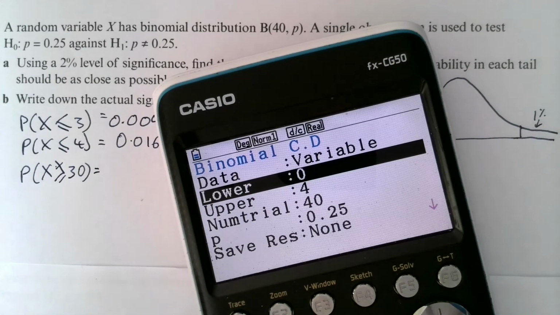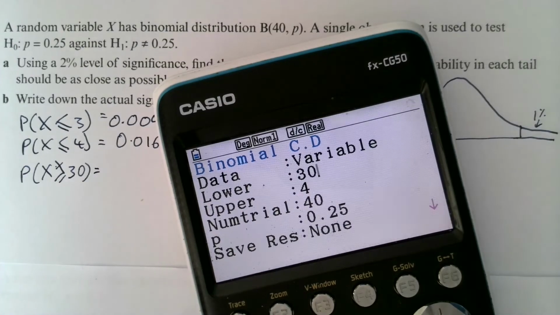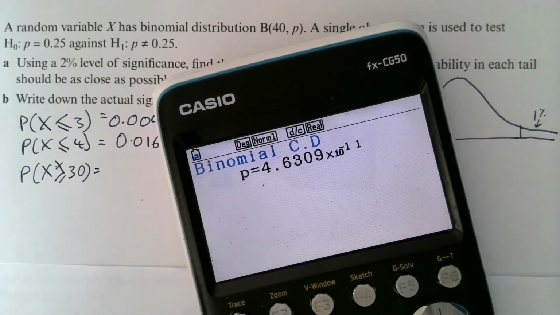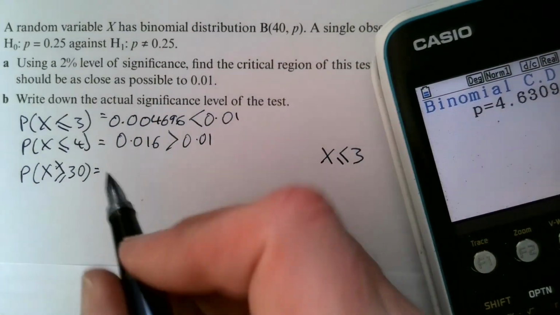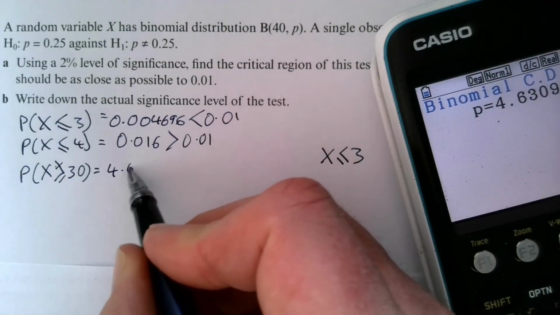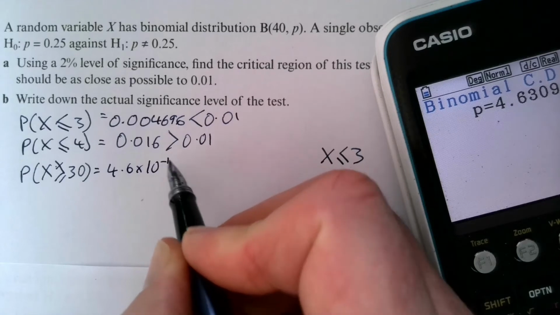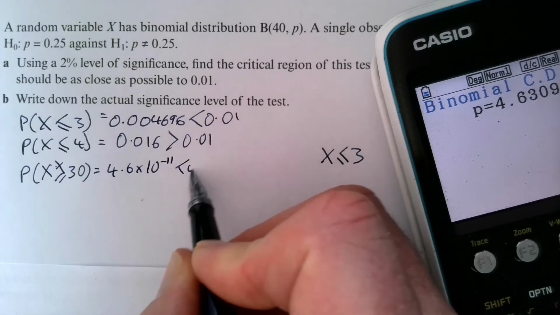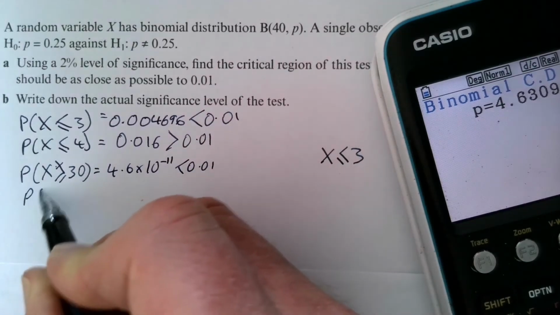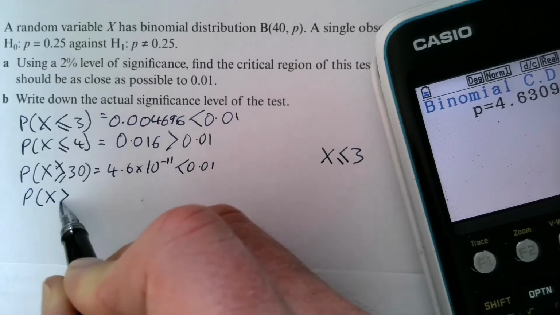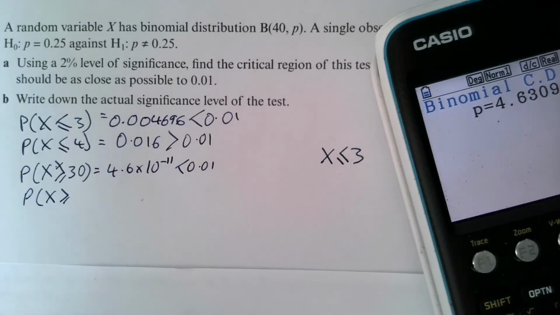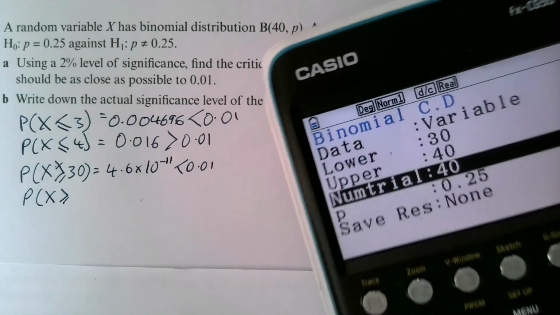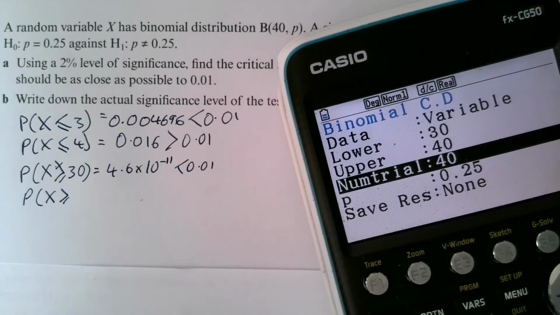So we're going to go lower being 30, upper being 40. Oh, that's really unlikely, really unlikely. 4.6 times 10 to the negative 11, that's way below 0.01, so we're going to need to make that a load more likely by allowing more results in.